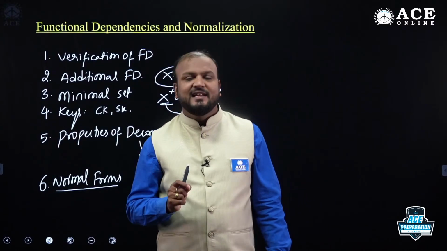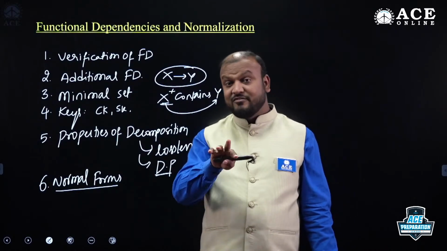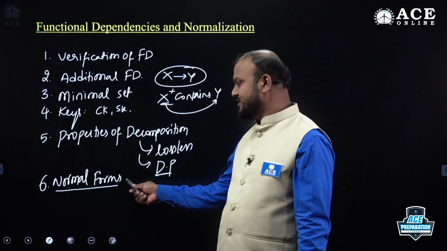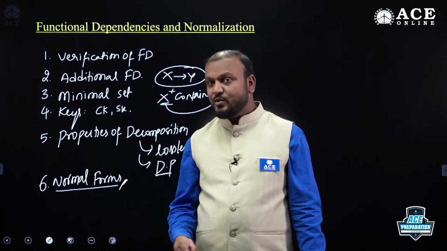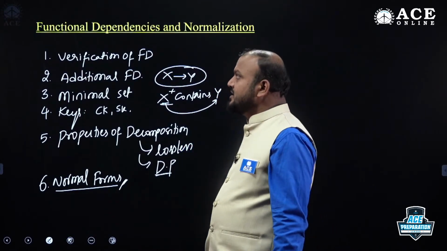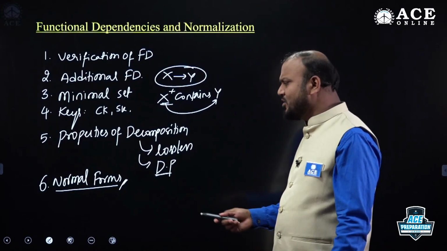So my point is, the way of answering the question is the same, but the way of asking you can definitely expect differently on normal forms, because many questions are already asked. So the topic is diluted. Now questioning could definitely be different. This is what you can expect on functional dependencies and normalization in normal forms.